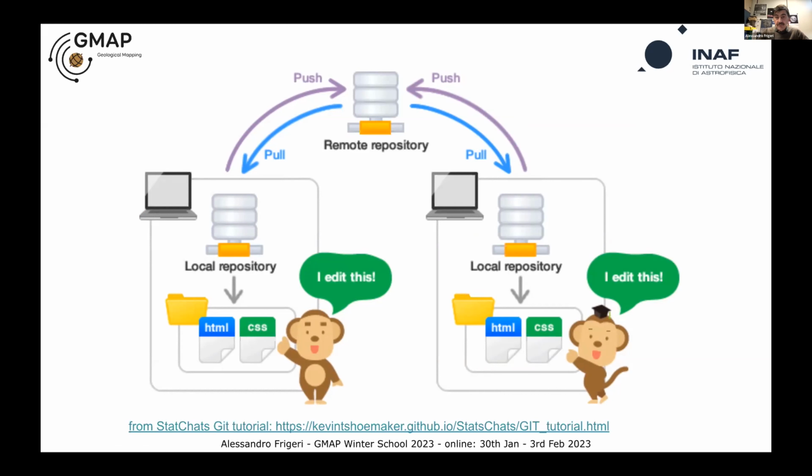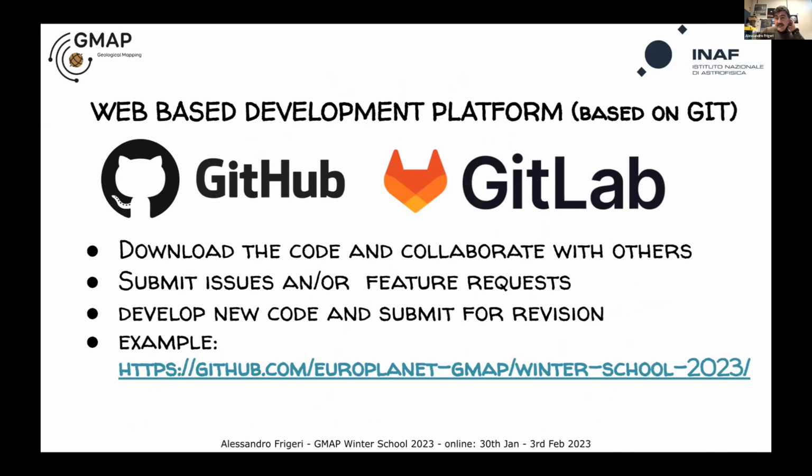So this Git mechanism is very important because we can collaborate on the development of free open source software. Git is very functional, but there are some platforms that enrich the functions of Git with some community functions which are very useful for community-driven development.